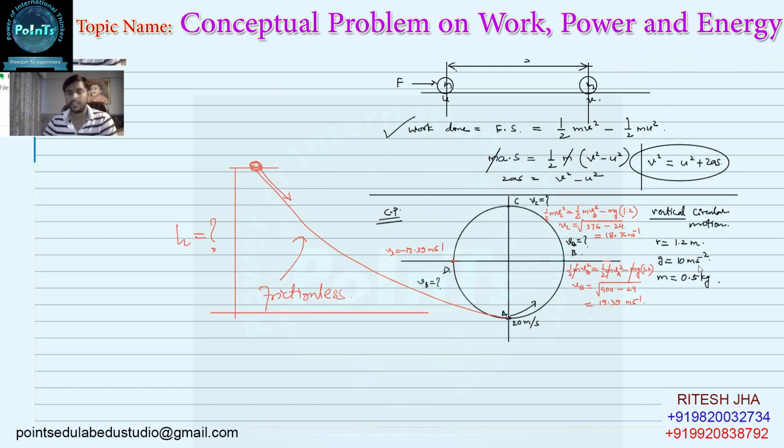There is no kinetic energy to start with. If we know that at 20 meters per second it'll make the loop, then 1/2 m times 20 squared is equal to mgh. Absolutely. And then we can solve for h from there.